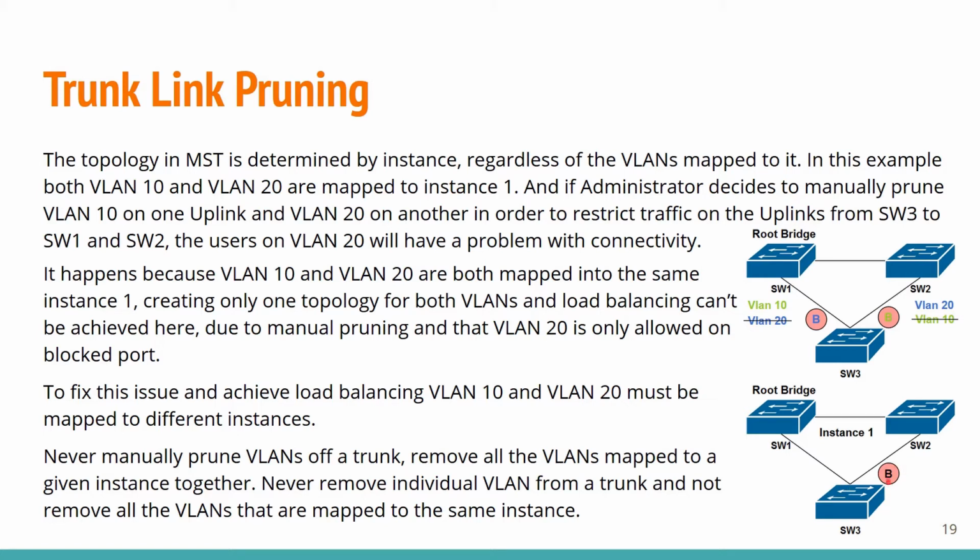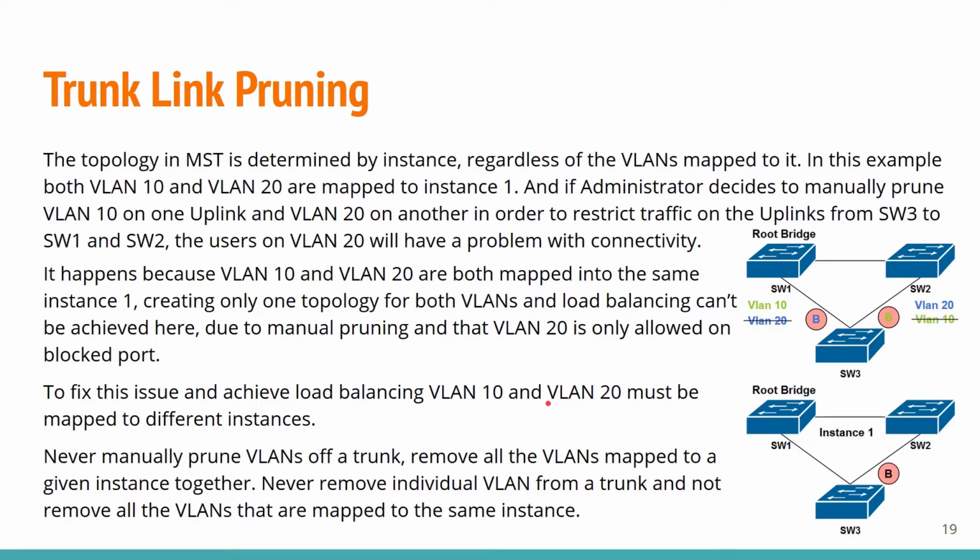So in this case, VLAN 20 is blocked on this link by MST, and on this link it's pruned by the administrator, so there is no connectivity from SW3 switch in VLAN 20 to both switches.